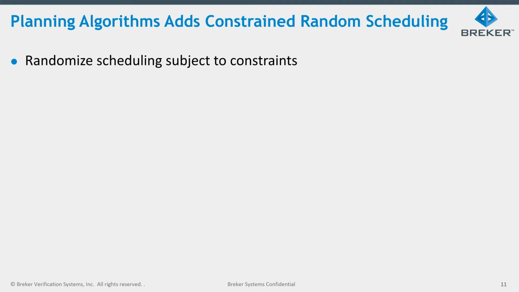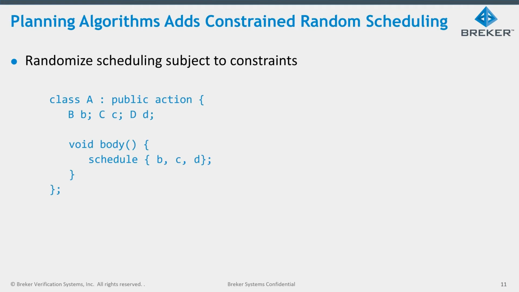The other part of planning algorithms that is important to testing these ML designs is that they add constrained random scheduling. Time becomes a first-class element in our verification. So we might say, in my action A, I want to schedule B, C, and D, and I want to do all of these concurrently.